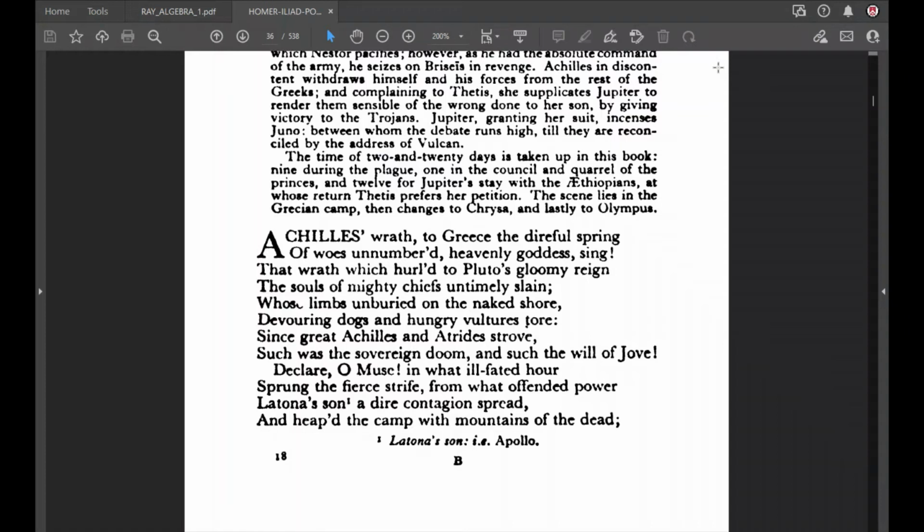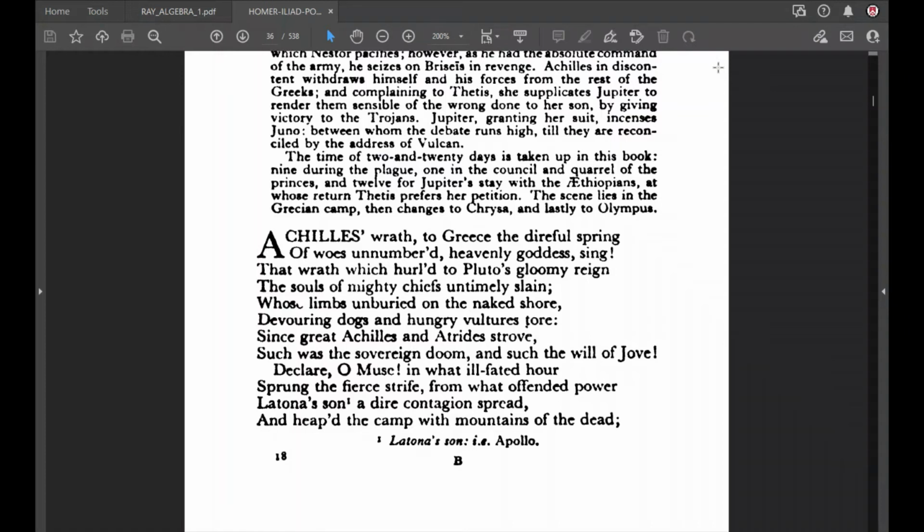Jot that down: the theme, the topic of Homer's Iliad is the wrath of Achilles. Achilles was a famous, heroic Greek soldier, and he was known for his fury, for his wrath. Homer's Iliad is about Achilles' wrath.